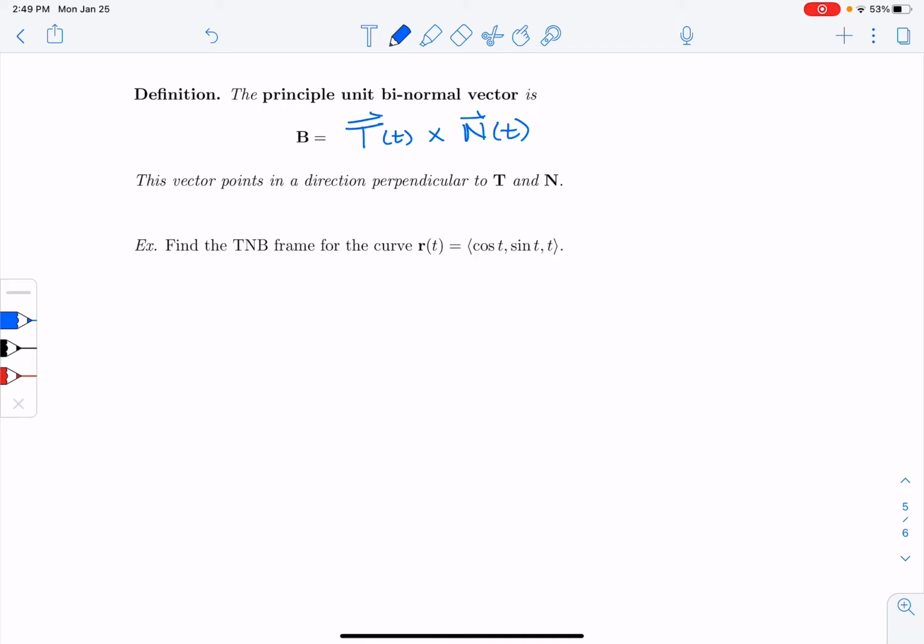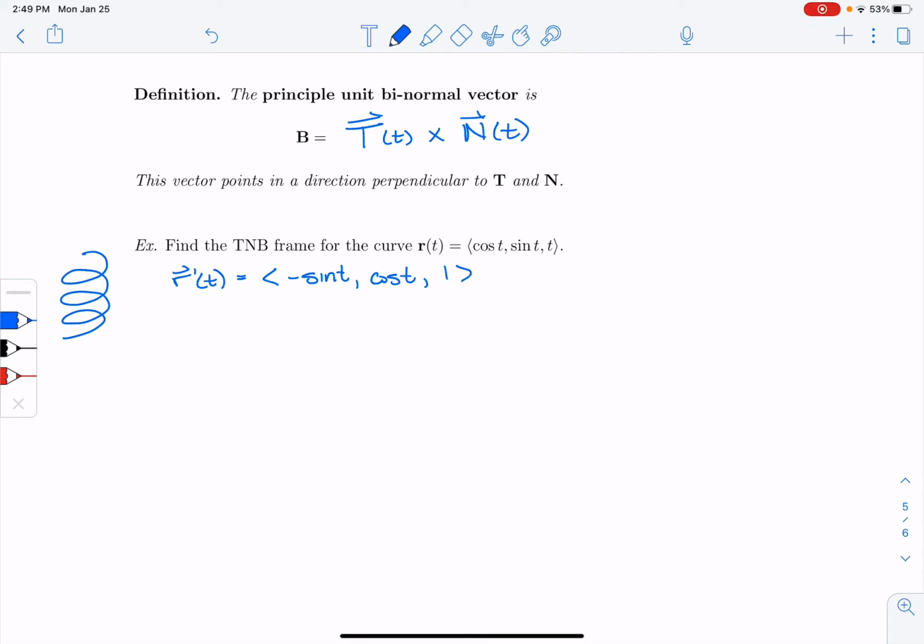So we're going to find the TNB frame for the curve cosine t, sine t, t. So that's that helix that we've looked at before. Okay, so first we need to find T. So that's going to be r prime of t, which is negative sine t, cosine t, 1.